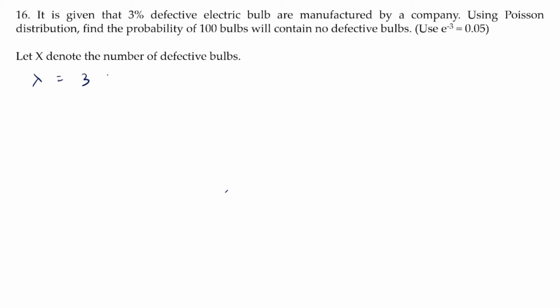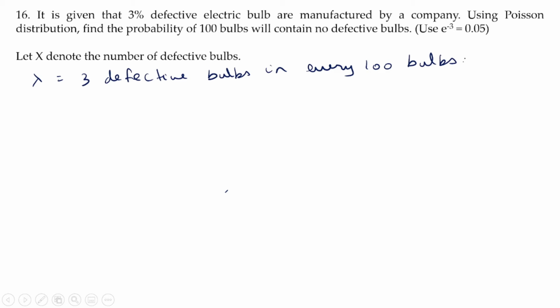So lambda equal to 3 defective bulbs in every 100 bulbs. Now we need to find the probability that 100 bulbs will contain no defective bulbs. That is, we have to find probability of x is equal to 0.